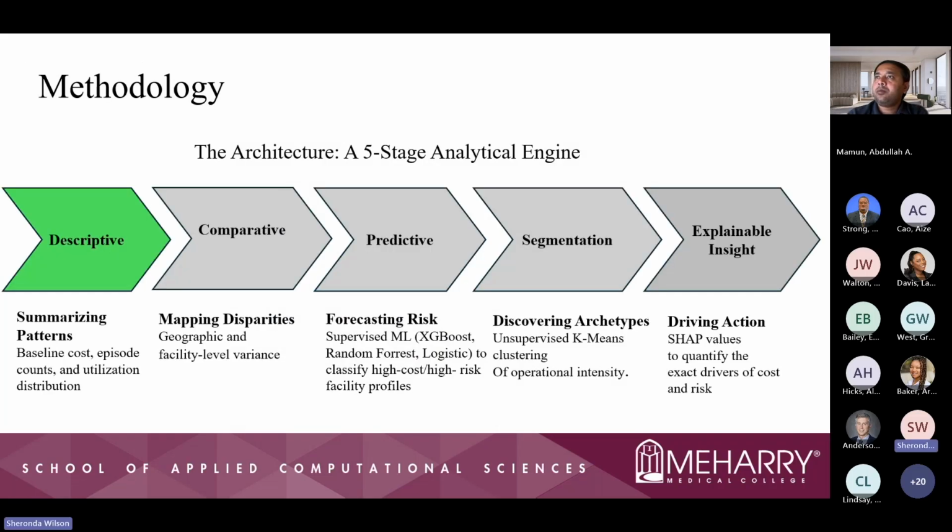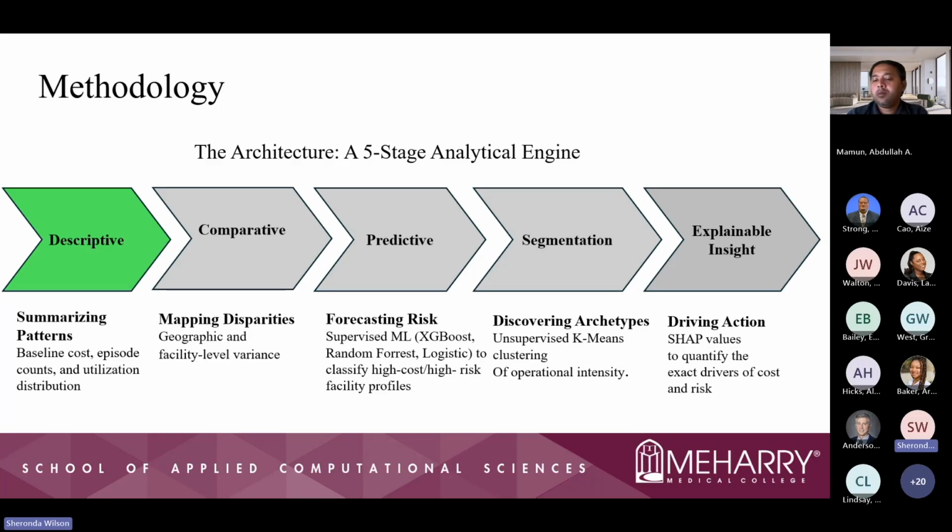So I used a 5-stage analytic engine. Descriptive analytics helped me understand the data before modeling. I used charts and summaries to compare and identify patterns in the cost, utilization, and risk scores at the state level, and to figure out the variations across the nursing facilities.